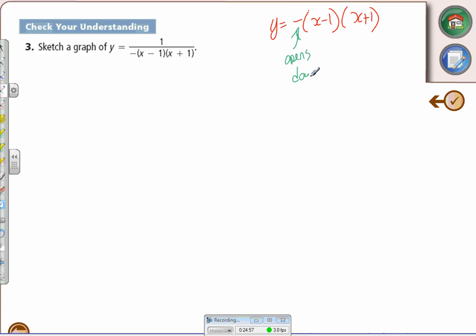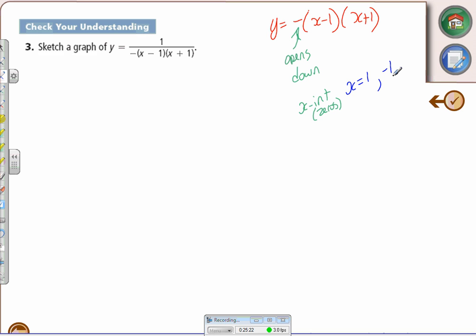Opens down. We need to know the x-intercepts, the zeros. It's already in factored form, so we can just take the zeros, x-intercepts, right from here. So that would be x equals 1 and -1.